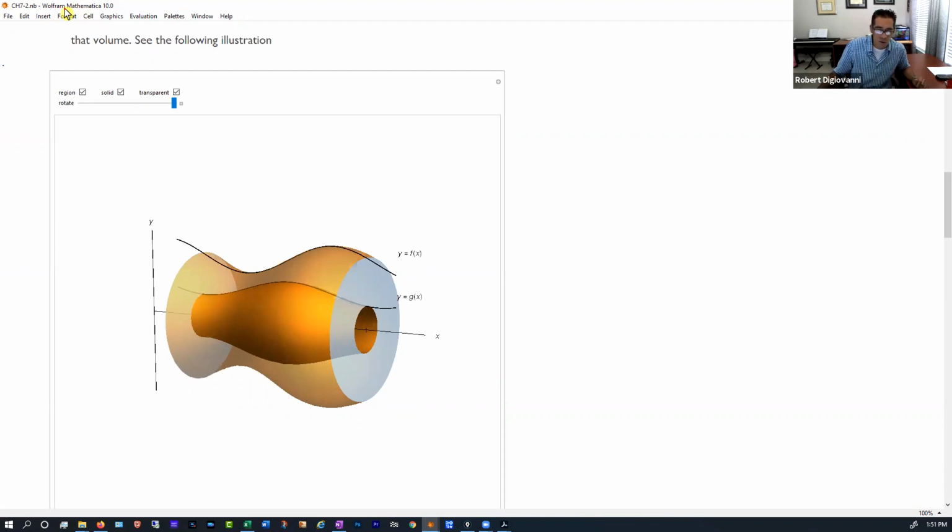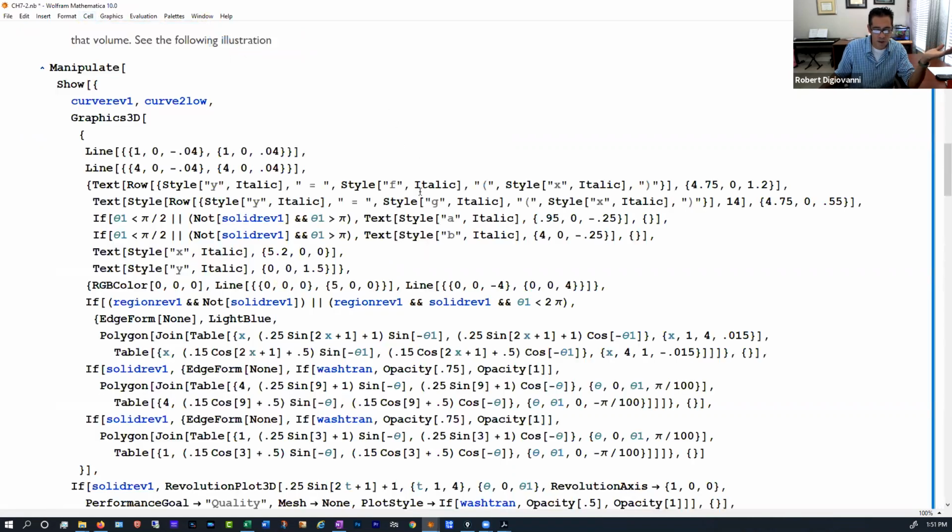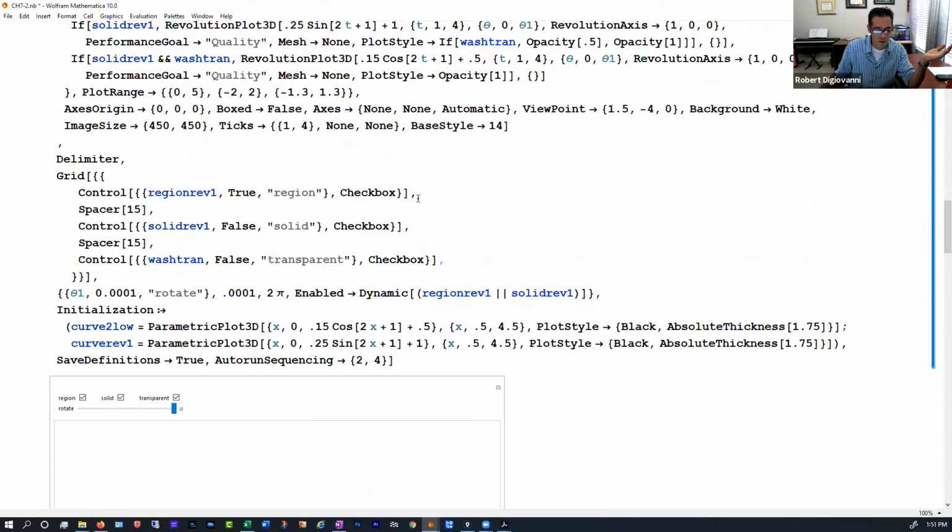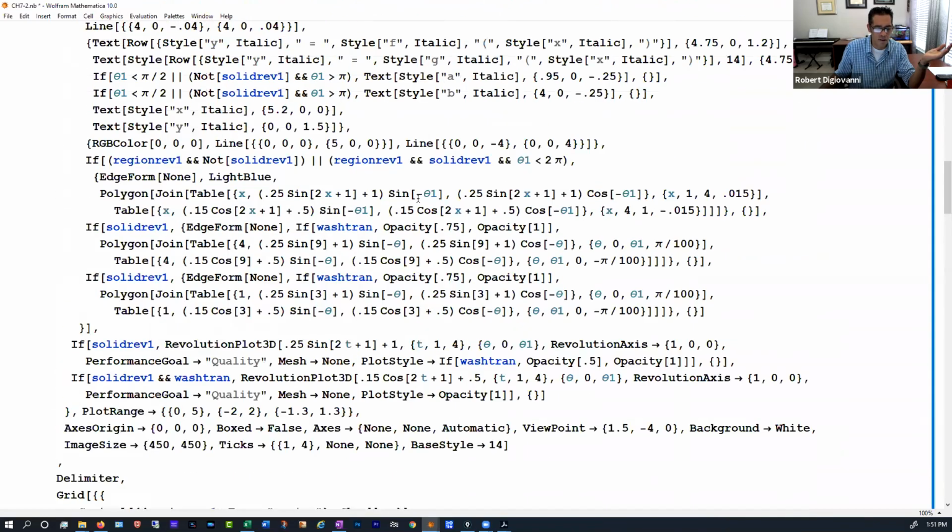When I was in school as a math major, I actually bought the student version of Wolfram Mathematica 1.4, I think was the version that they were on. You're looking at version 10.0. I think they're on 12 now. So the way Wolfram Mathematica works is that it's essentially C++. So there's all my code that I wrote to make all that happen, okay?